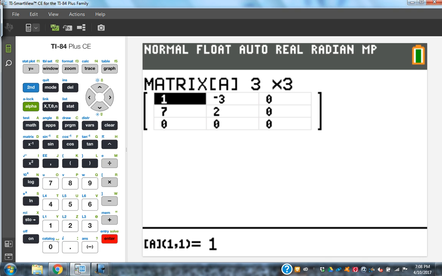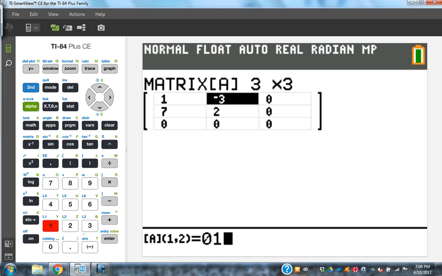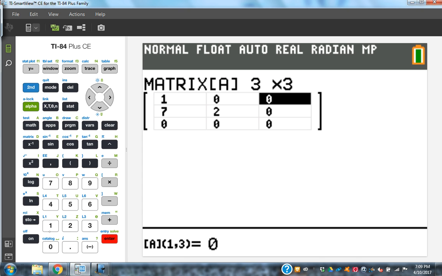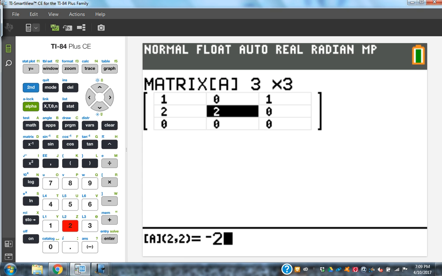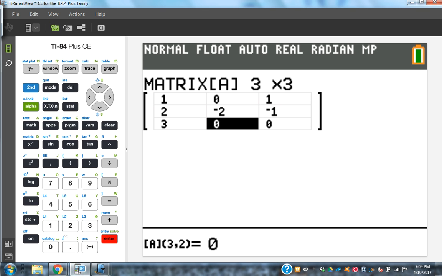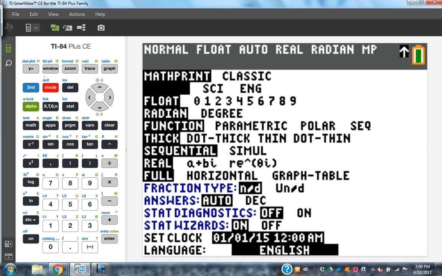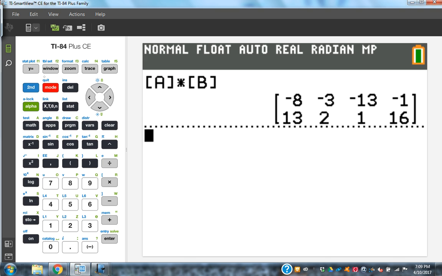And I'm going to type in that matrix, 1, 0, 1, 2, negative 2, negative 1, 3, 0, 0.